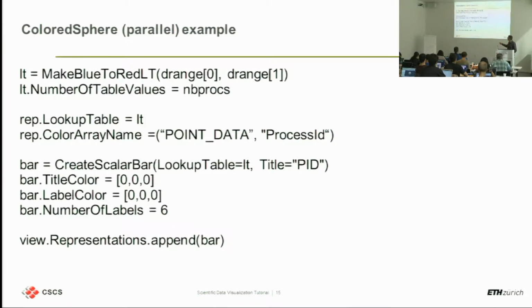We'll make a color table, blue to red, with a minimum and a maximum. We will color by the process ID. We add the scalar bar. All of those things you can get from the trace command, okay? You don't have to invent it.